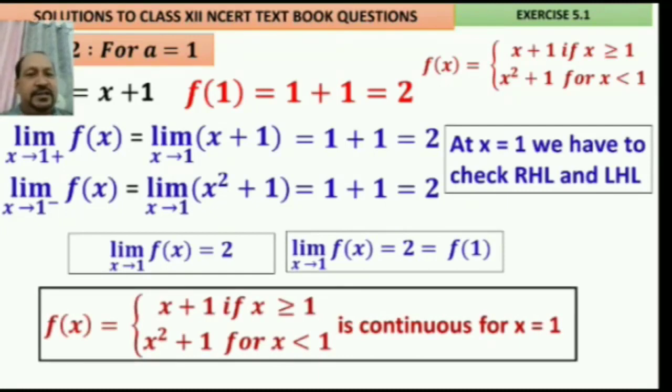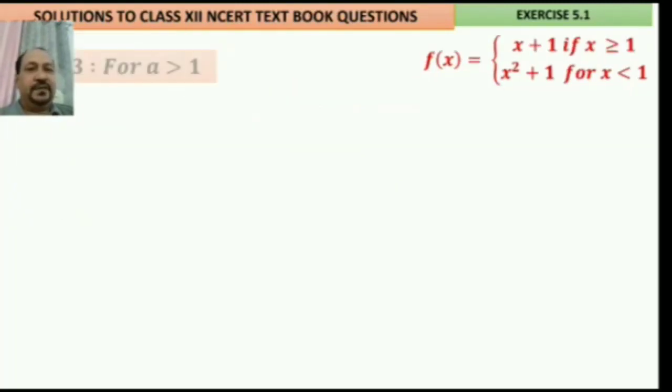So this function is continuous because both the right hand limit and left hand limit are equal to each other, and the functional value is also equal to the limit value of the function. Therefore the function is continuous at x equal to 1.